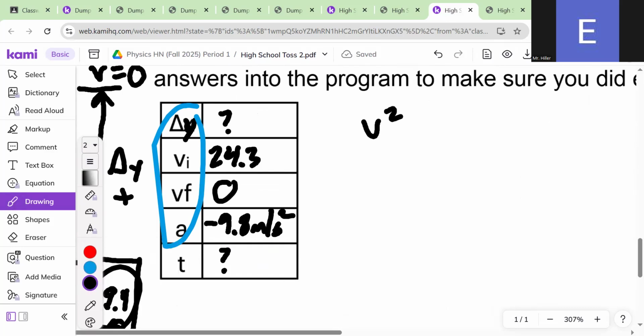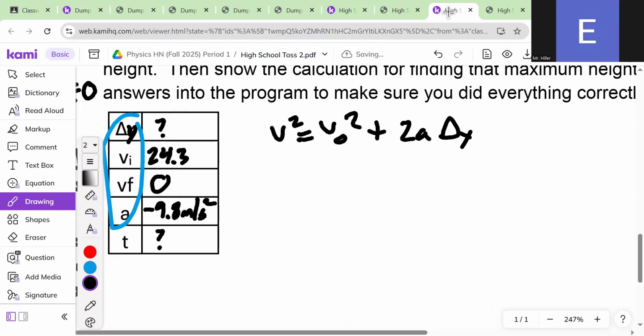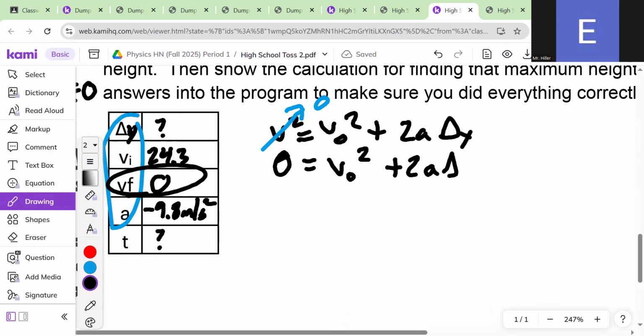So v squared equals v naught squared plus 2 times a times delta y. If we treat this like its own separate problem where the velocity is 0 at the top, we get 0 equals v naught squared plus 2 times a times delta y. Let's subtract v naught squared from both sides.